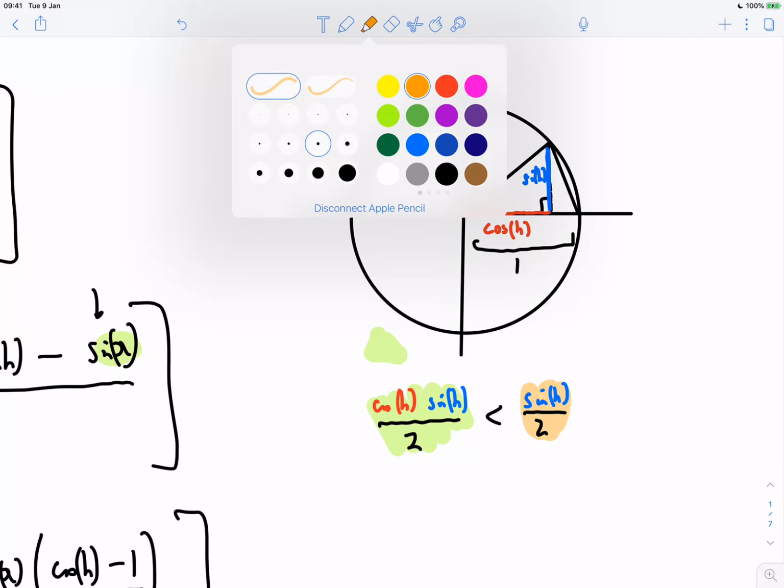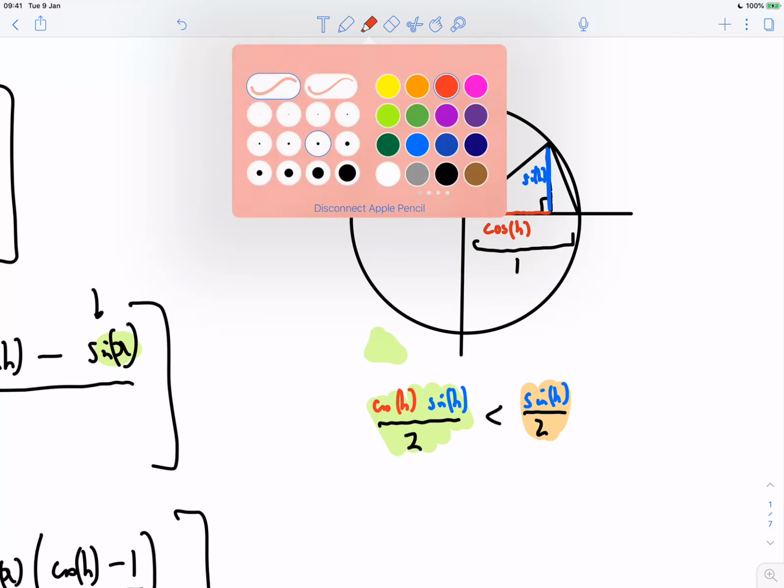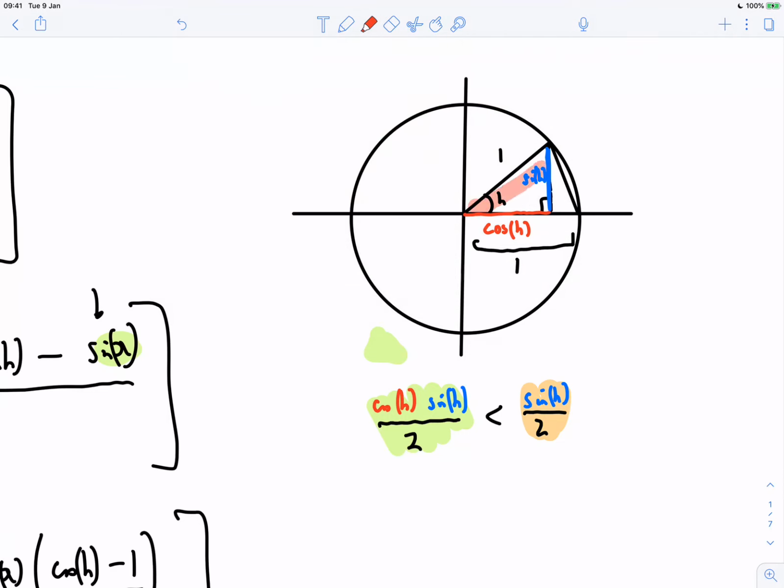Next up, what's the next largest shape we can think of? Well, if I shade the sector, i.e. that portion of the circle, do you agree that that's larger than the orange triangle? And we now know, since doing our radians work, what the area of this sector will be. It's just half of r squared times by the angle.